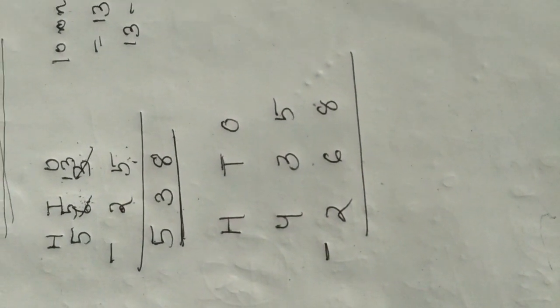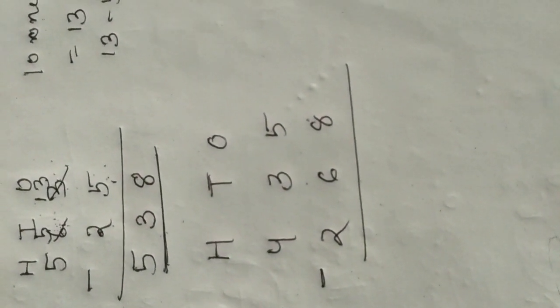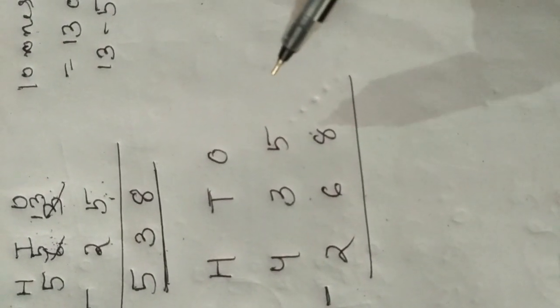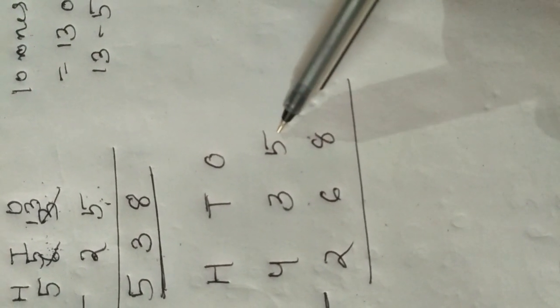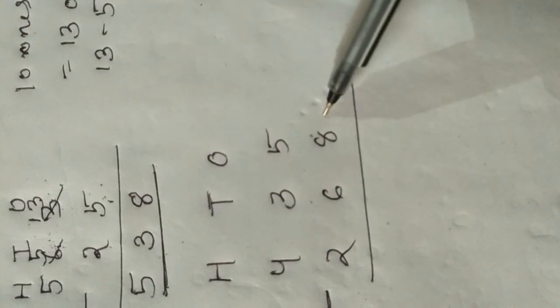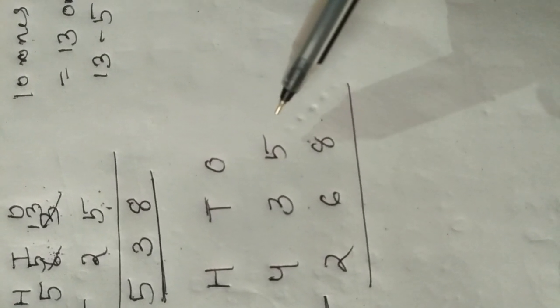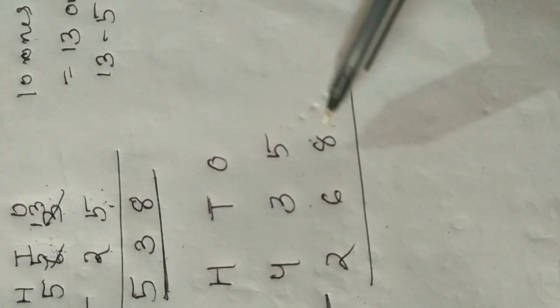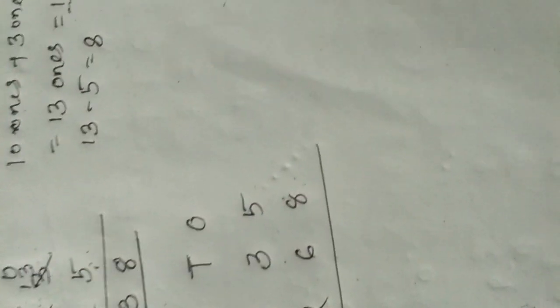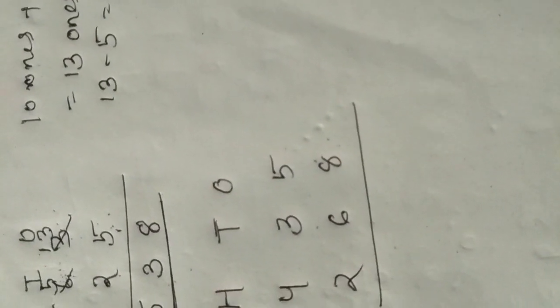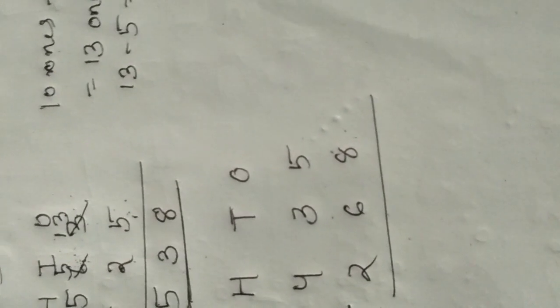Students, we know first we subtract the ones place. So we go to the ones place, and here 8 is bigger than 5, so it cannot be subtracted.